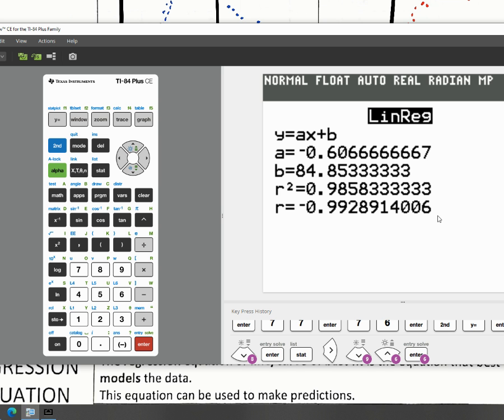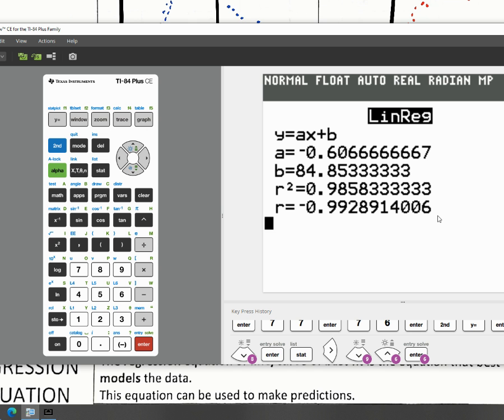So I like to run these with stat diagnostics on. That way I can see what my correlation coefficient is. The closer those values move towards 0, the less they represent whatever regression you ran. Do you understand? We want that value to be really close to 1 or -1.